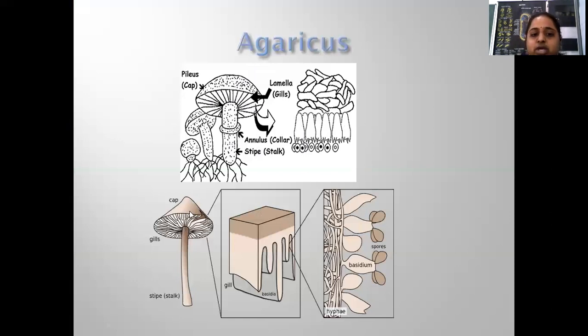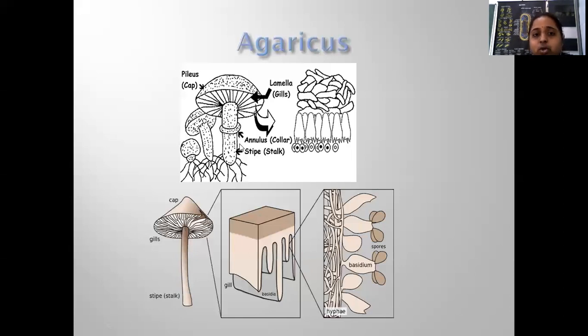Here I can show you one more picture. It shows you the cap and the gills. If you take a cross section of the gills and see under the microscope, they have a structure called basidia. Each basidium will give rise to four spores, which are called basidiospores.